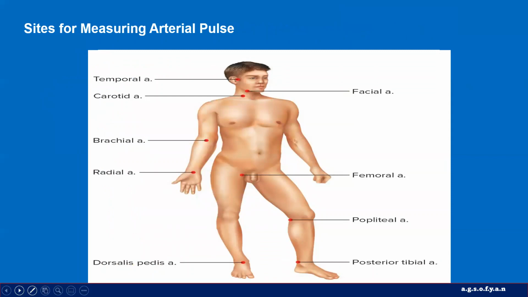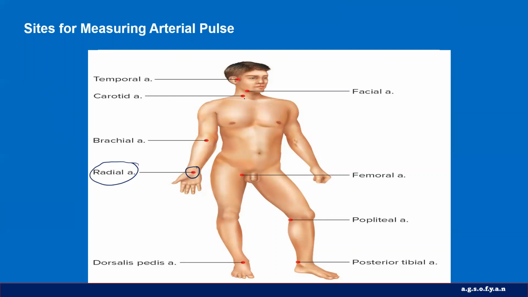When we measure the arterial pulse, we can measure the pulse rate. Again, we measure it through the artery. The most common artery used for pulse rate is the radial artery. When you measure your pulse rate, usually you touch your radial artery.